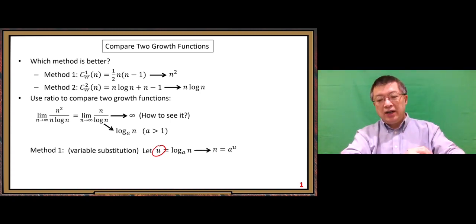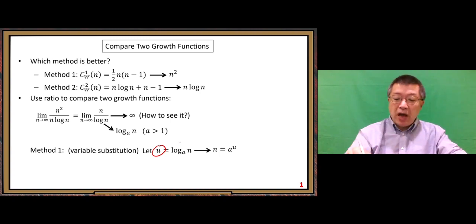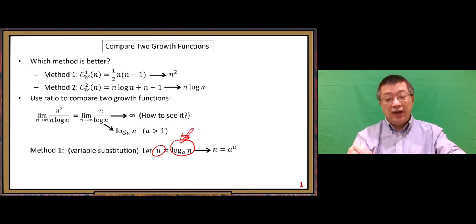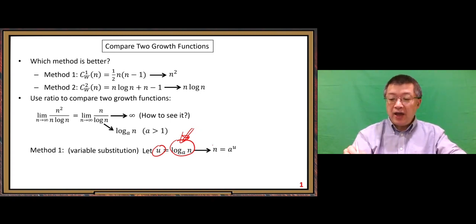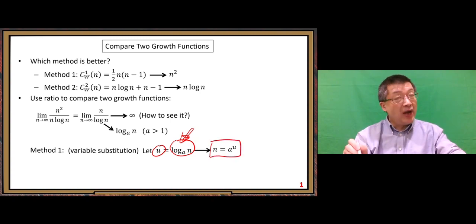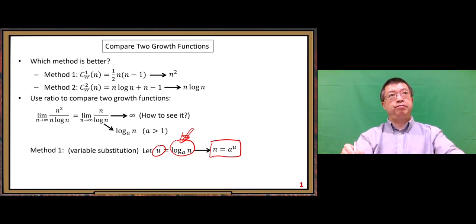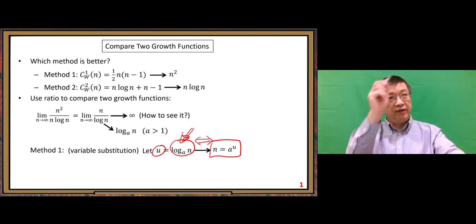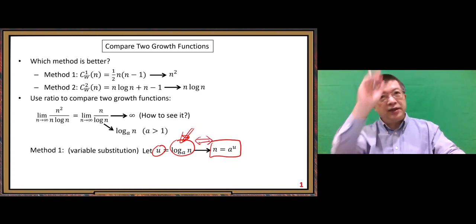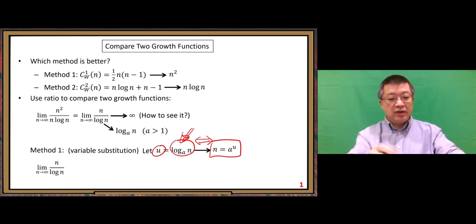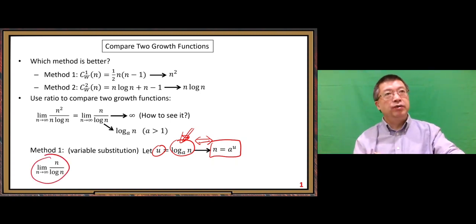Then, by the definition of logarithm, I hope you know the definition of logarithm, if u equals log base a of n, then we can write an equivalent form, n equals a to the uth power. These two expressions are equivalent. With that, now let's look at our original limit.